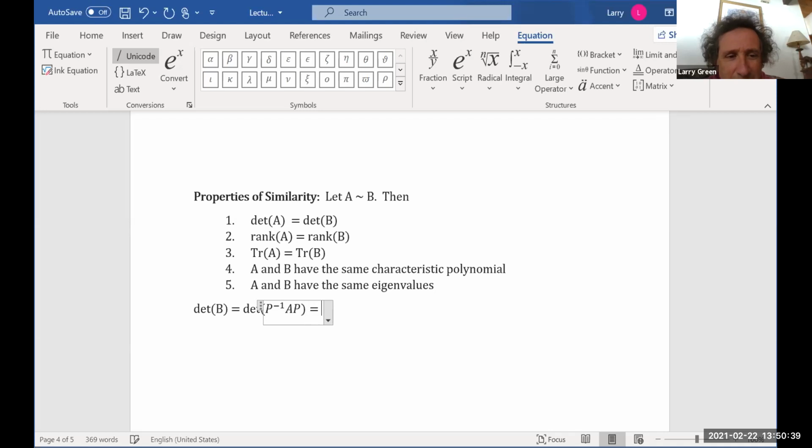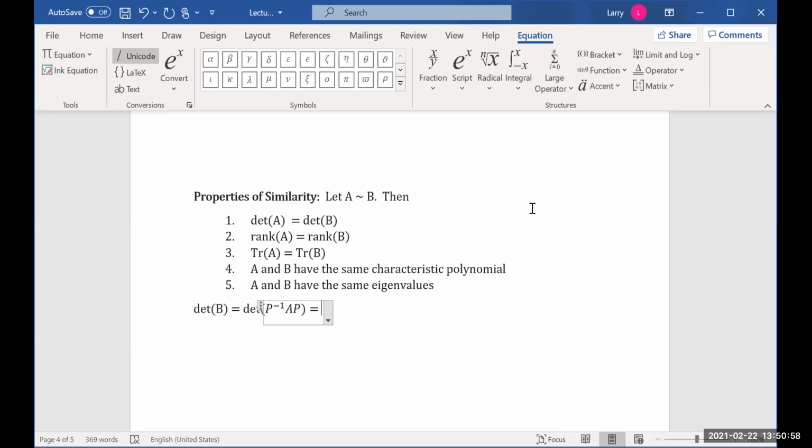But then there's a very nice theorem about determinants and multiplication. What does that theorem say? Do you remember? Isn't it the determinant of A times the determinant of B equals the determinant of A times B?